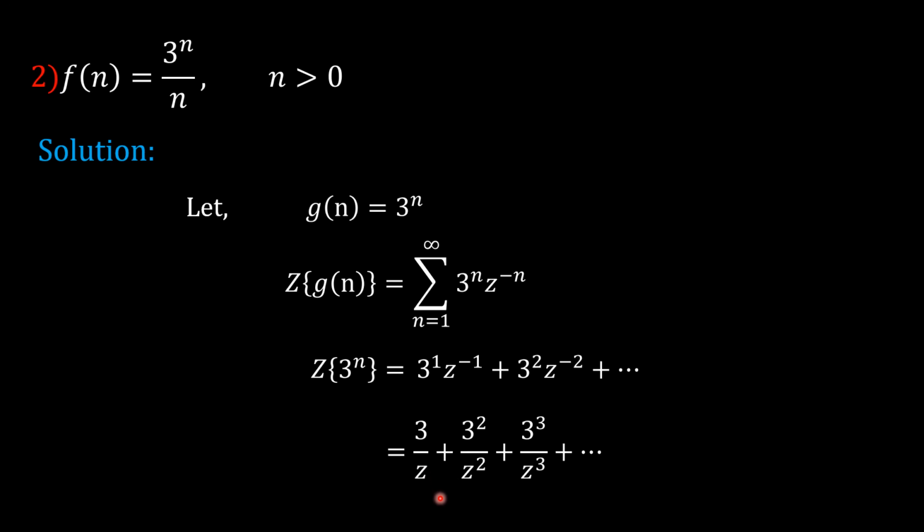Rewriting the terms, we get 3 upon z plus 3 square upon z square plus 3 cube upon z cube plus so on, which is in geometric progression with common ratio 3 upon z and first term 3 upon z. Therefore, the infinite sum will be the first term 3 upon z divided by 1 minus the common ratio, again 3 upon z, which is true for modulus of common ratio 3 upon z strictly less than 1.